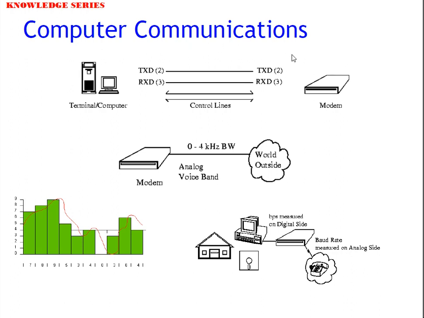The signal comes from the LAN, and the modem converts it into an appropriate form so that the computer can operate the internet connectivity. That is why it transmits. There is a transmission line, a receiver line, and also a control line. This is how the computer communicates.